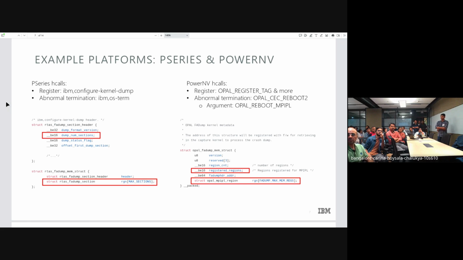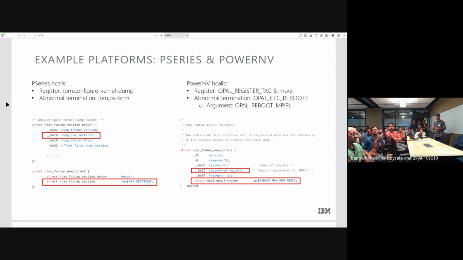We saw other hardware data in the previous slide, that you might decide if you want to take in a single H call or have multiple H calls for all of them. So Power NV is one example where you have multiple H calls in that register. So register is not just one H call here, it's a series of separate H calls that you do for different types of data.